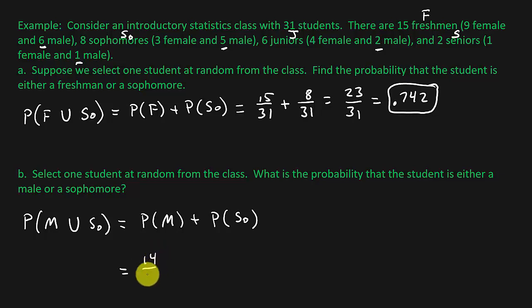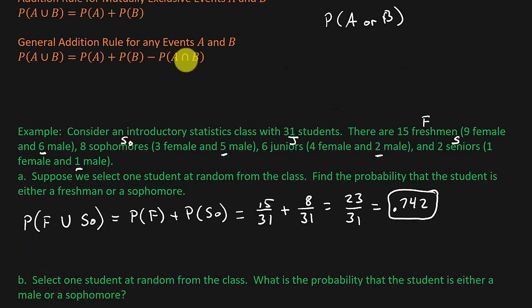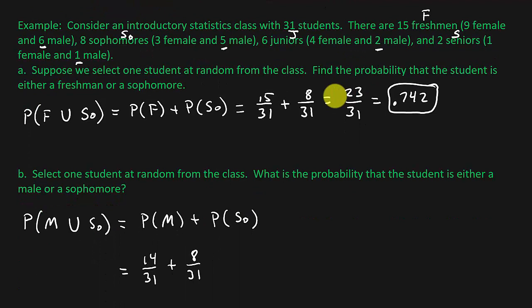So that's 14 over 31 plus, now how many sophomores are there? Well, there's 8. So that's 8 over 31. All right. Now look what happened here. I want you to understand why we're subtracting this off. Okay. These events are not mutually exclusive.